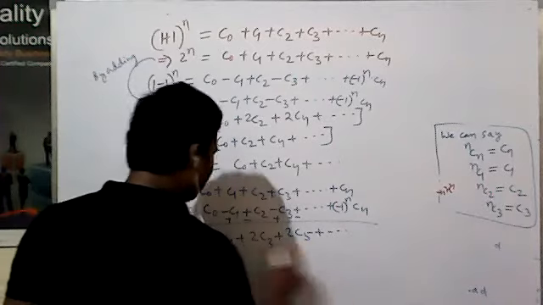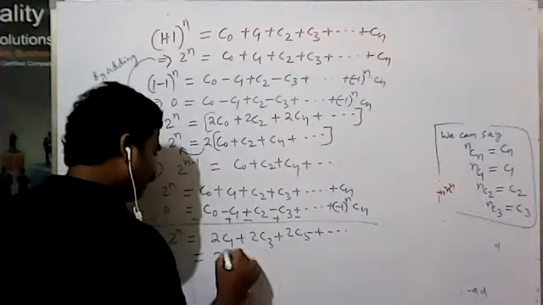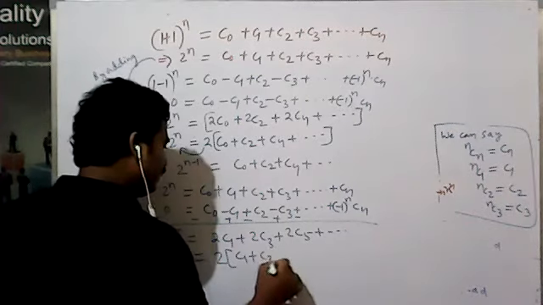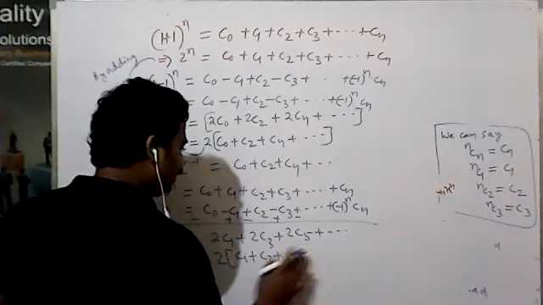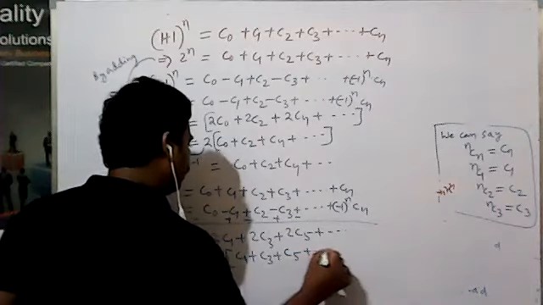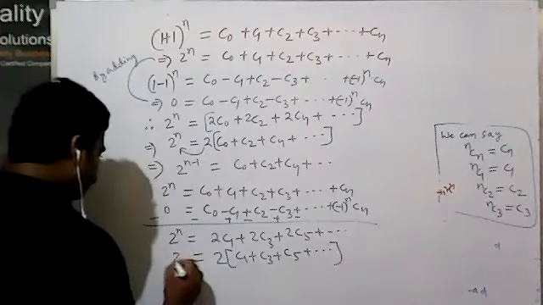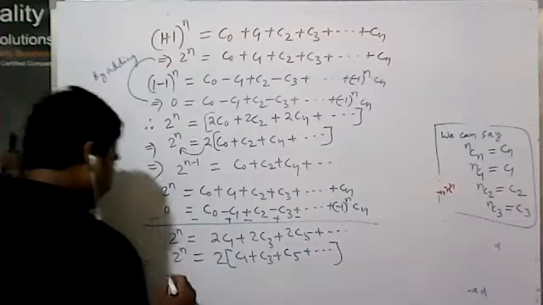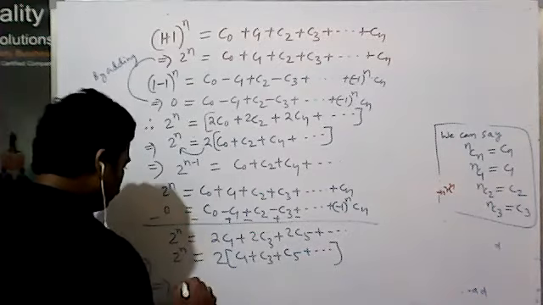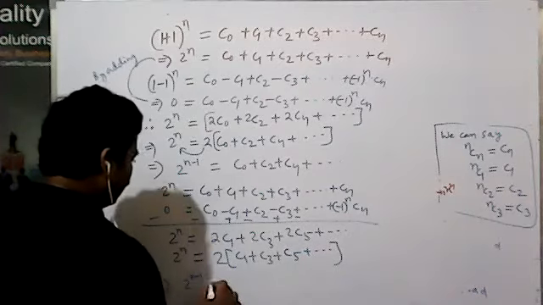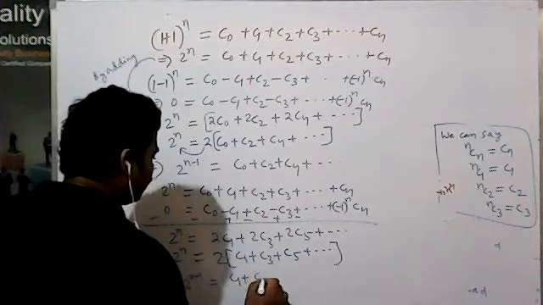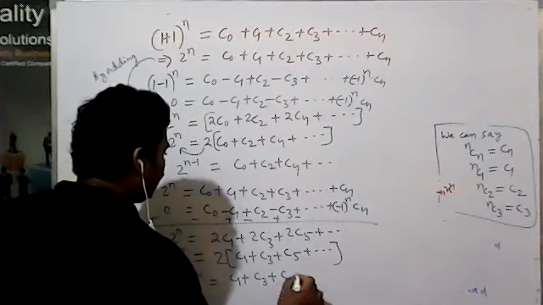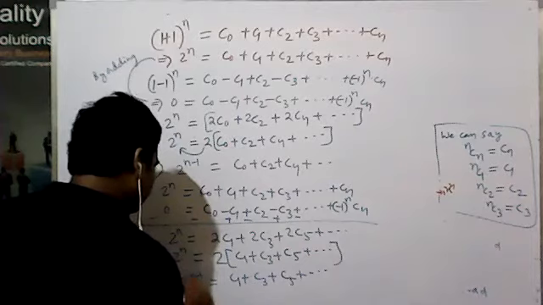That means if you take 2 common, C1, C3, C5 dot dot dot value will come. That means 2 to the power n is there. That's why 2 to the power n minus 1 is equal to C1, C3, C5 plus dot dot dot value will come.